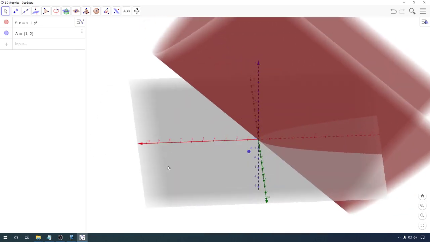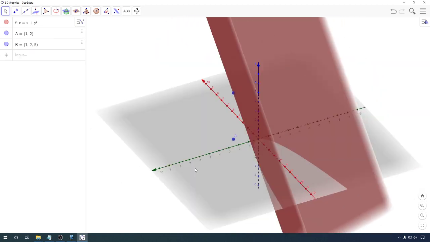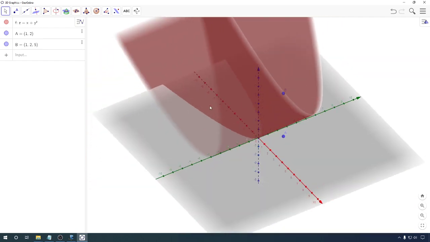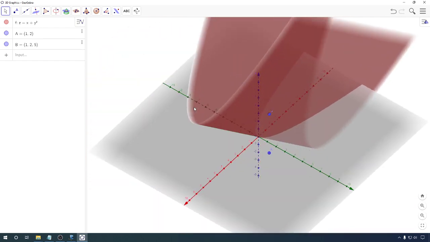But then the z value that we get, if we plug 1, 2 into x plus y squared, we get 1 plus 4, so 5. So the height of the actual surface above that point is 5. So if we plot the point 1, 2, 5, that's the point above the point 1, 2 that is on the surface. And that's what we mean by graphing these functions.